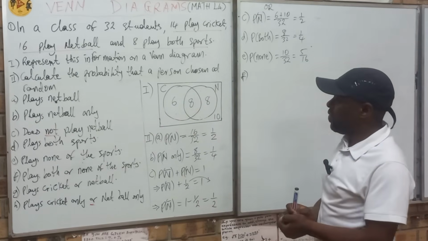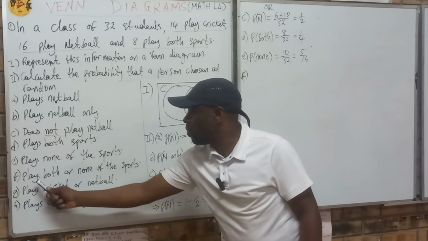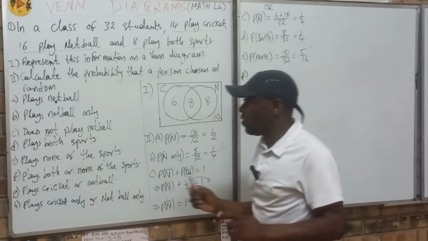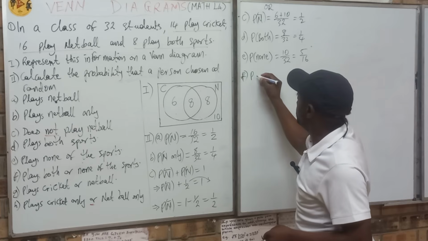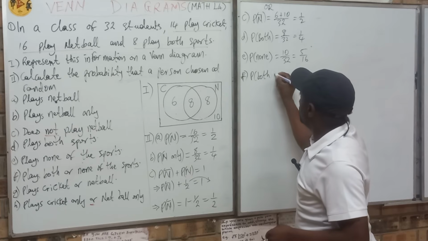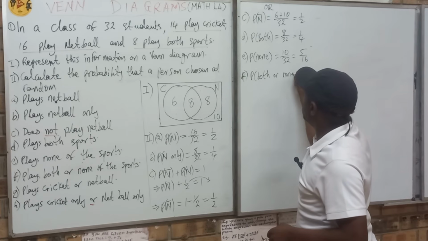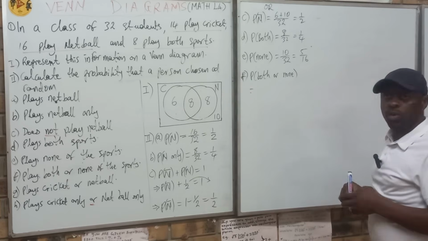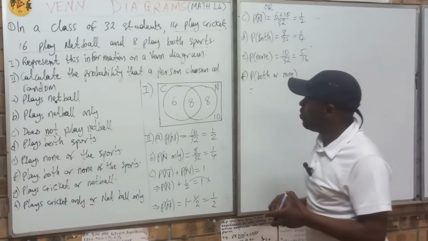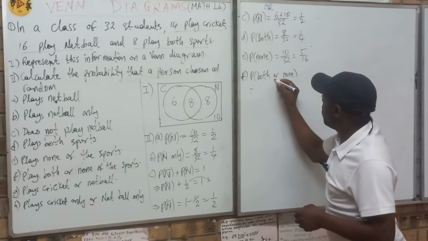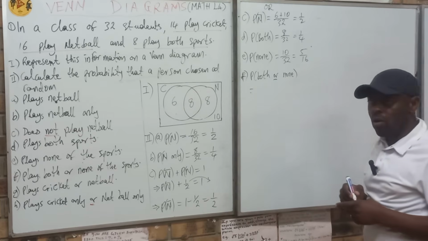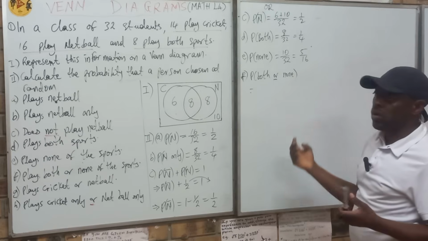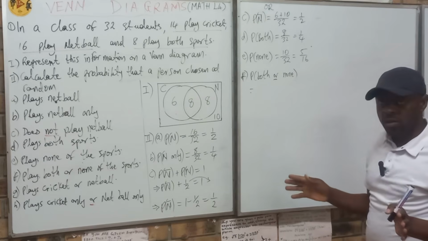So look at F. F says the probability of those who play both or none of the sports. So we now need the probability of those who play both or none. Whenever we get the word or, you have to check whether the two events are mutually inclusive or exclusive.